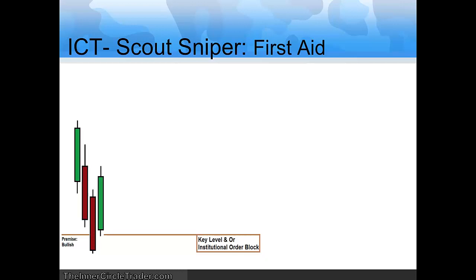So if you had that in mind, you could have roughly $3.30 per pip if you're trading a $10,000 account with 1% risk using a 30 pip stop.